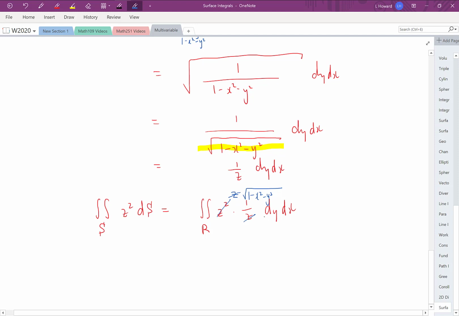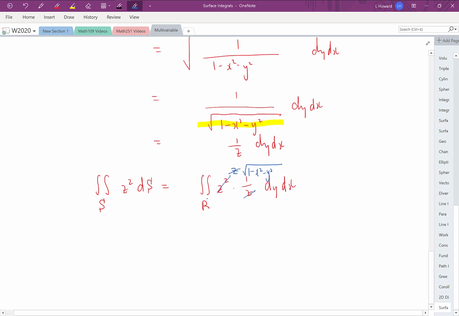So let's think about what this region R represents. It's the region of the xy plane that you want to do your integration over. Remember our surface was a unit sphere centered at the origin, and we just wanted the first octant of that. In our picture, R is this region of the xy plane that we want to do our integration over.